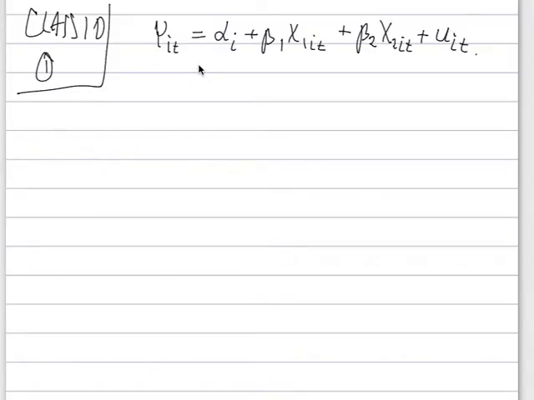Now, how would you account for them in this regression? This is the problem here. We don't know what to do with alpha. Last week we said the dummy variable method could help us. We could include dummy variables, or binary variables, for each country to account for these unobservable factors.